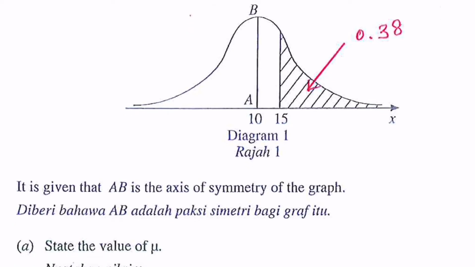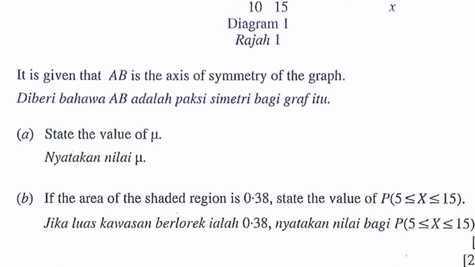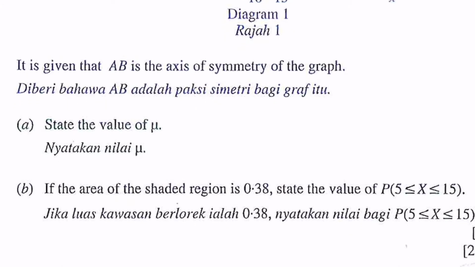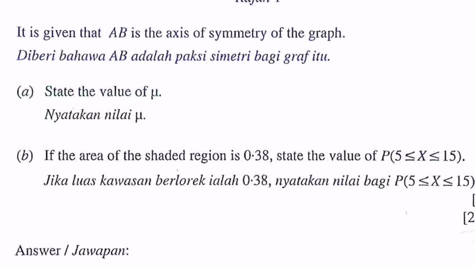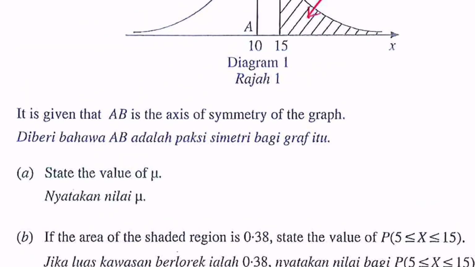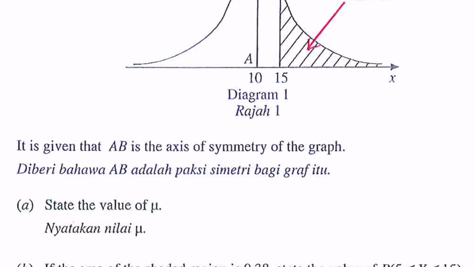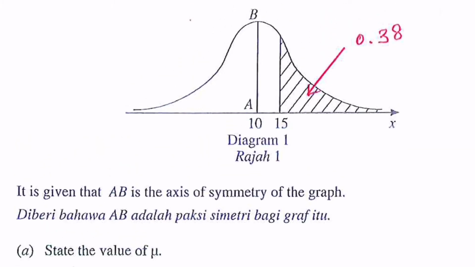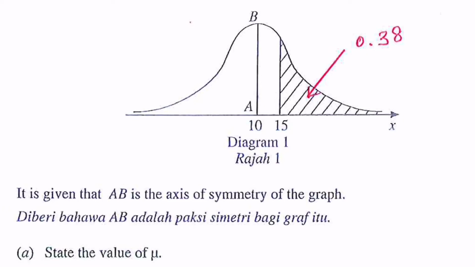The mean is given by the symbol that looks like m, read as mu. If the variable is z, then the mean is 0. If it is x, then the mean is the data at the center, which is 10.